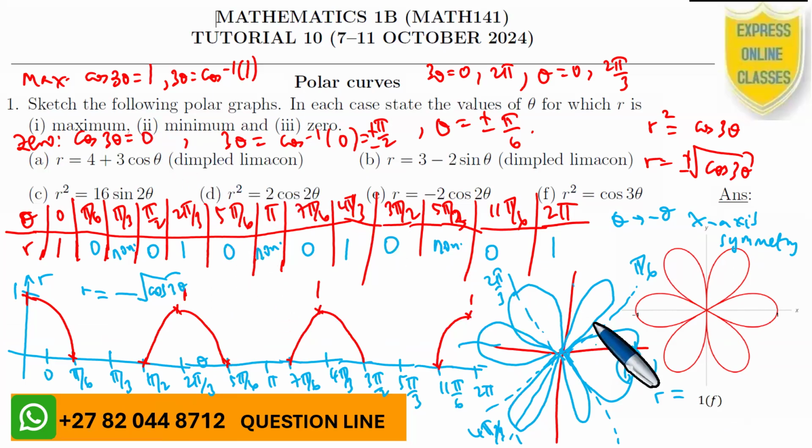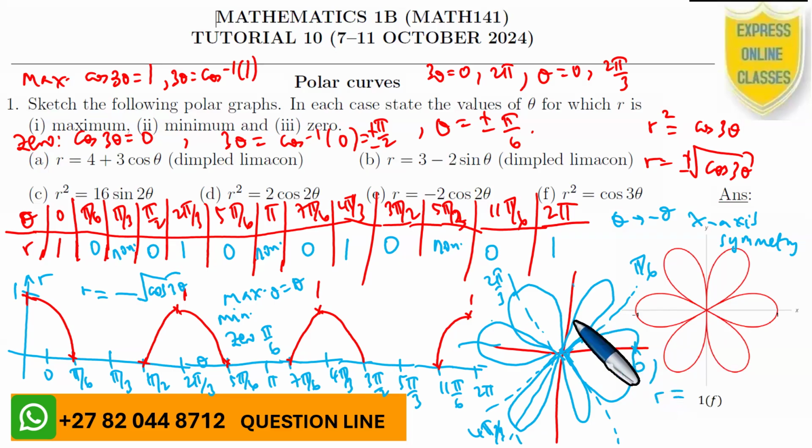But what is the maximum? Right, you can see that the maximum is 1. And it occurs at theta equals 0. There's a maximum. There's a minimum. The minimum occurs at, it is 0 at pi over 6, and other angles. The minimum occurs when it is negative. But you can see that the negative, for instance, occurs at some angles.